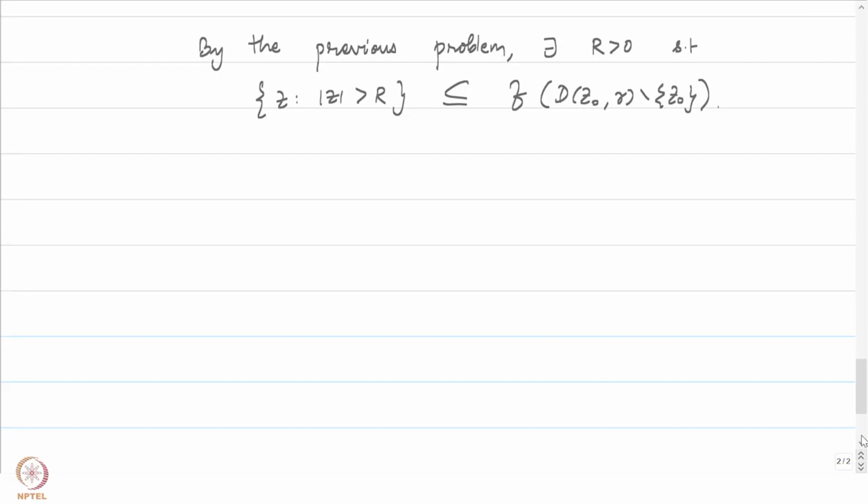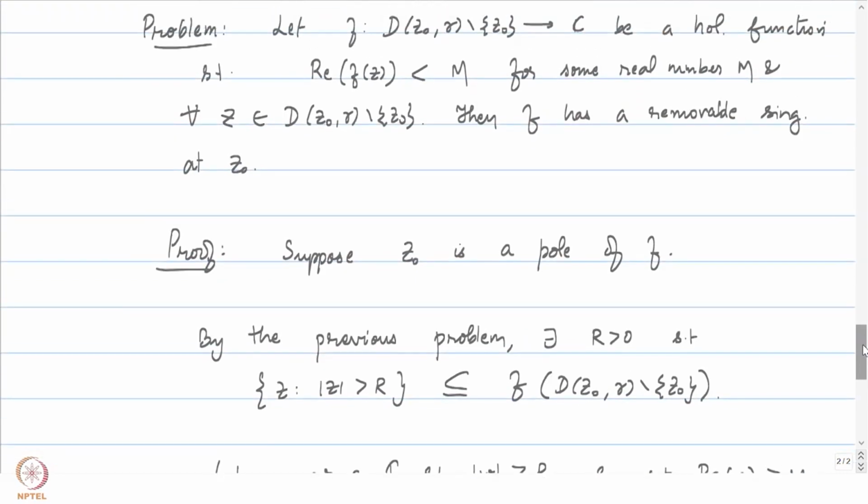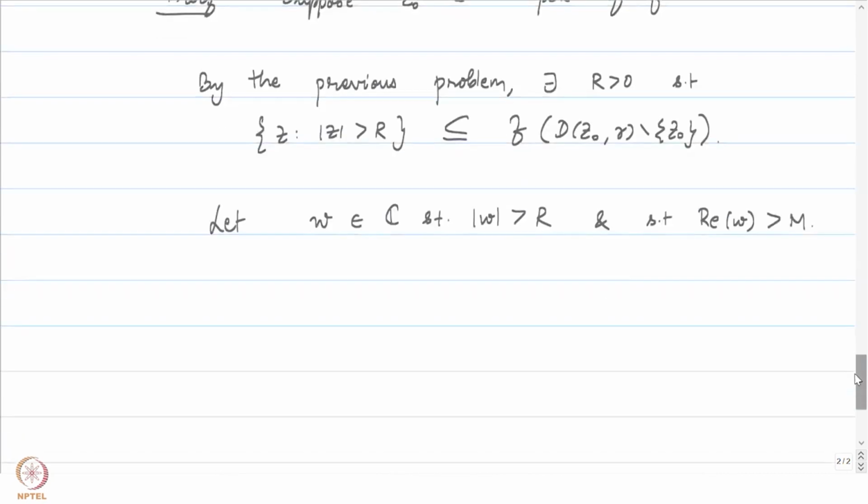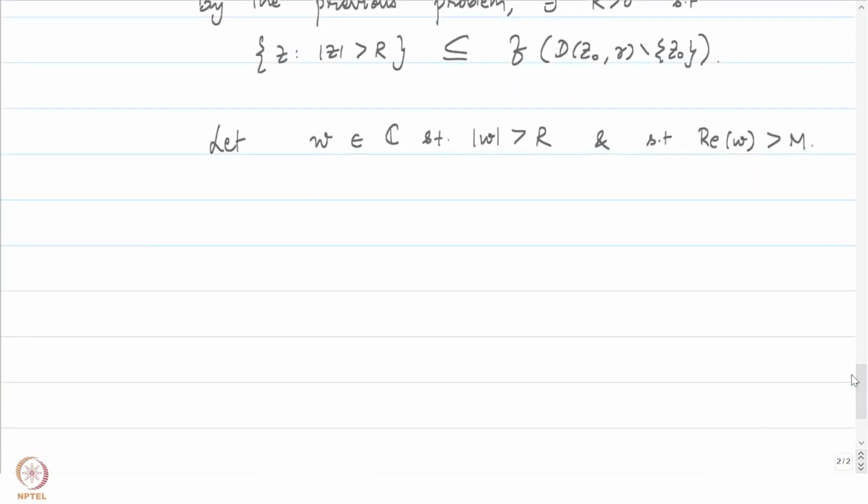Now let's pick some point. Let W be a point in C which has the properties mod W greater than R and such that the real part of W is greater than M. This can certainly be arranged. You can get hold of one W which satisfies the condition. Now what will happen here? By the condition star, we will be able to get hold of some pre-image of W in D(z0, r) minus {z0}.